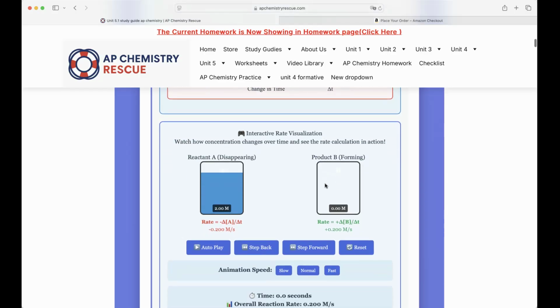Now let's see an interactive rate visualization. I will see how the concentration changes over time and see the rate calculation in action. I will see first the reaction where there is reactant A and product B. Reactant A is disappearing and product B is forming. So the rate is the change in the concentration per time.